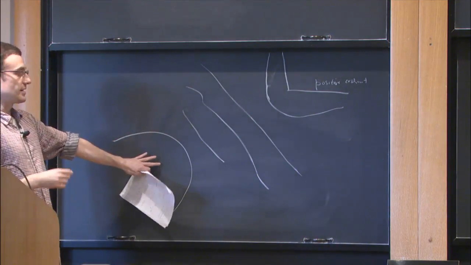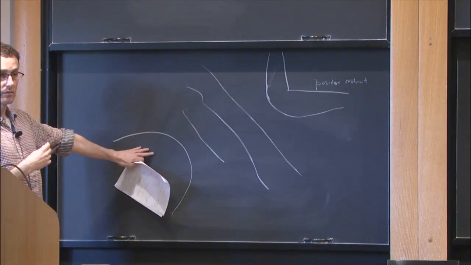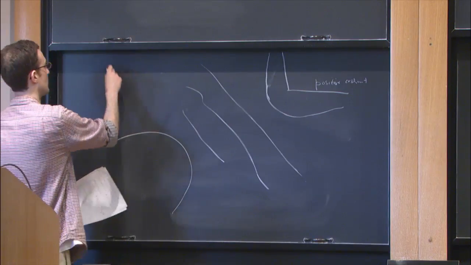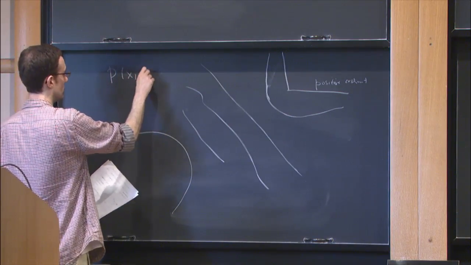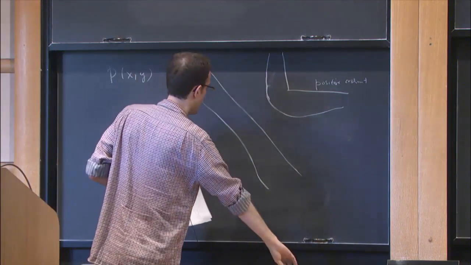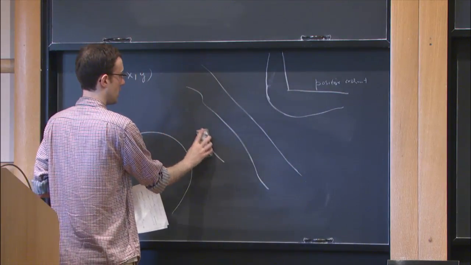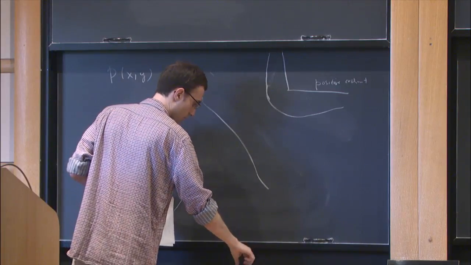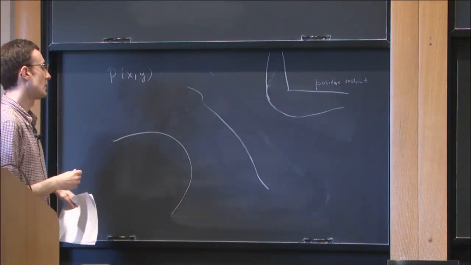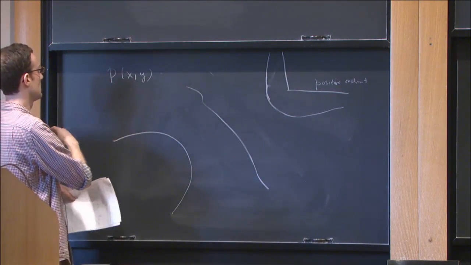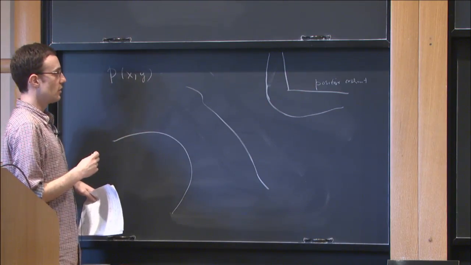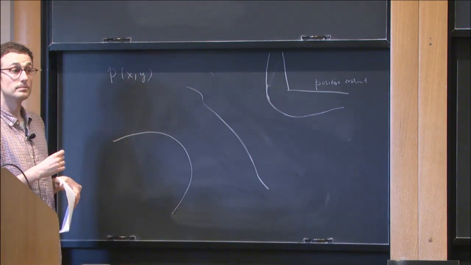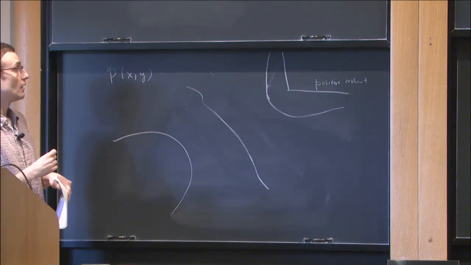This is in, let's say, 2-dimensional bivariate, so it's a P of x and y. Over the Euclidean plane. Okay. Yeah.